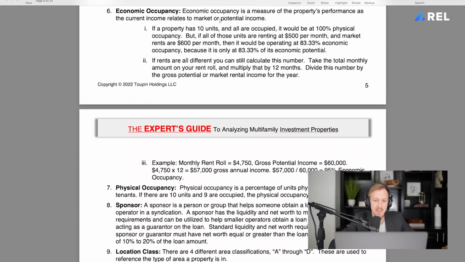So let's say that I don't know if the example is necessarily correct here, so it doesn't give the full picture, at least. Let's say that we have a potential income of $100,000 and our occupancy was 95%. So we lost $5,000 in occupancy. We also didn't lease our units at full market rents, so we have a little bit of loss to lease there.